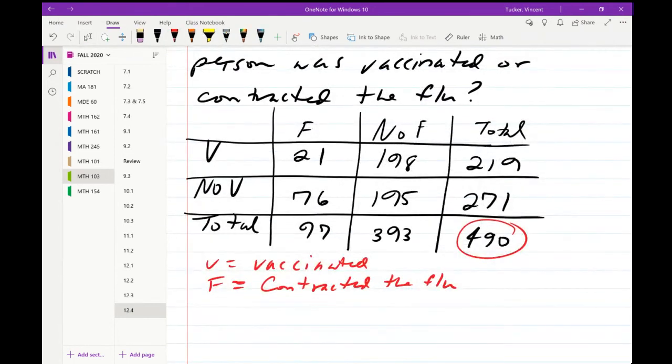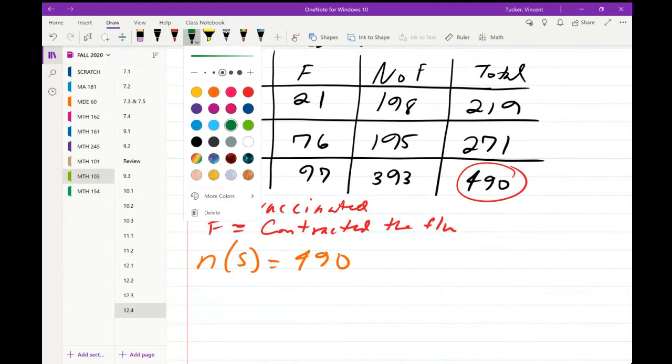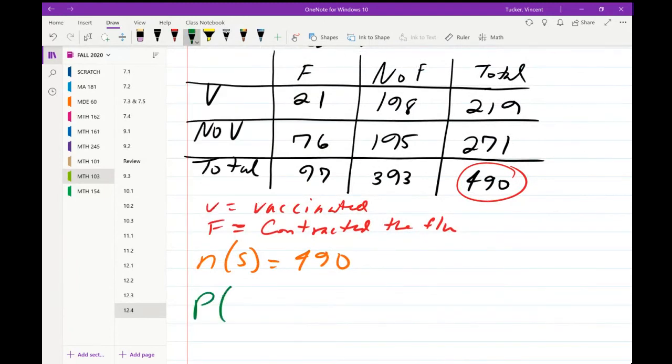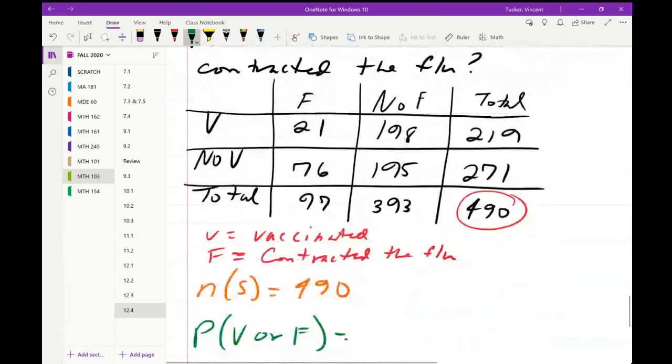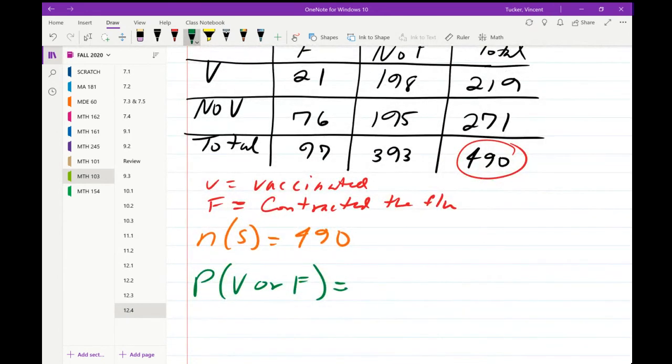So, our sample space is 490. That's our bottom number. So we want to know the probability of vaccination or contracting the flu. So what I need is the probability of V plus the probability of F minus the probability of V and F.